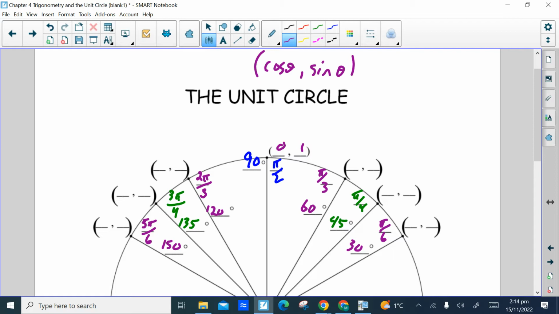It's the root of this many fingers over 2, comma, the root of 1 over 2. So root 3 over 2, comma, a half. And then at pi on 4, that's the middle finger you're putting down. It's the root of this many fingers over 2 and the root of this many fingers over 2. The root of 2 over 2, comma, the root of 2 over 2.